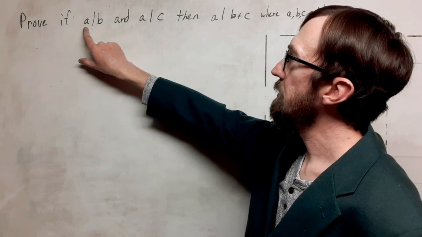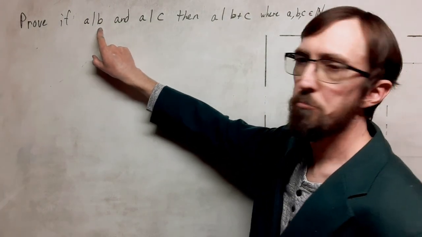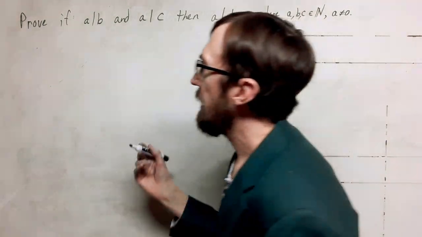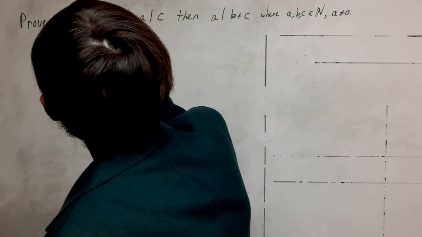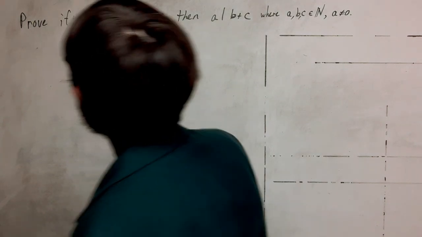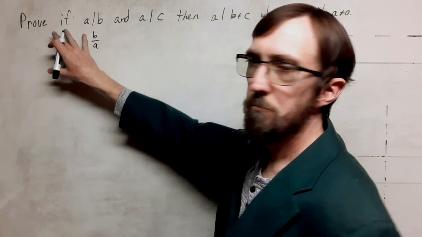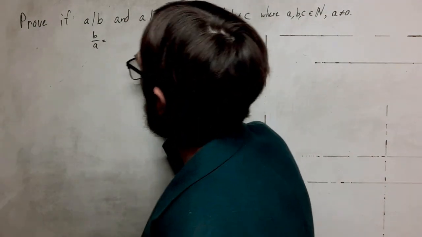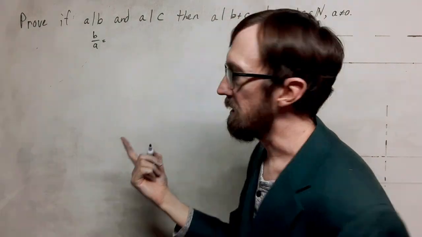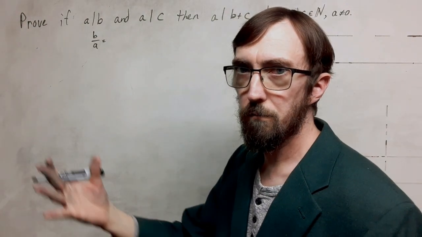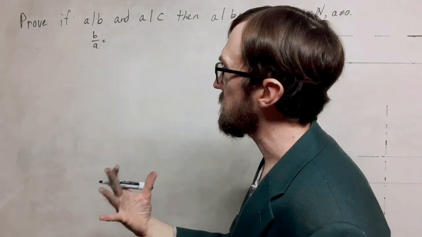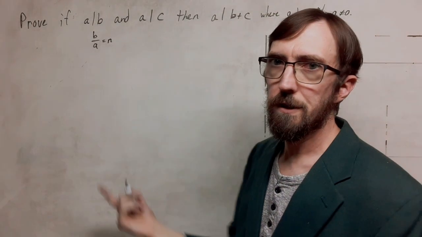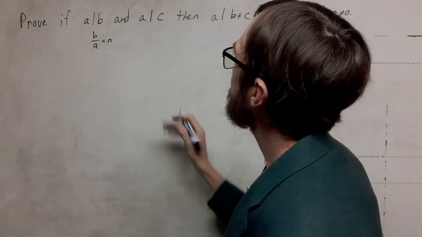So the notation we have here is that A divides B. Another way that you could write that would be as a fraction, of this form: B over A, and the intention is that this will be some other number, a single number without a remainder, so there's no decimal point. So this would be some other number n, where n is a natural number.